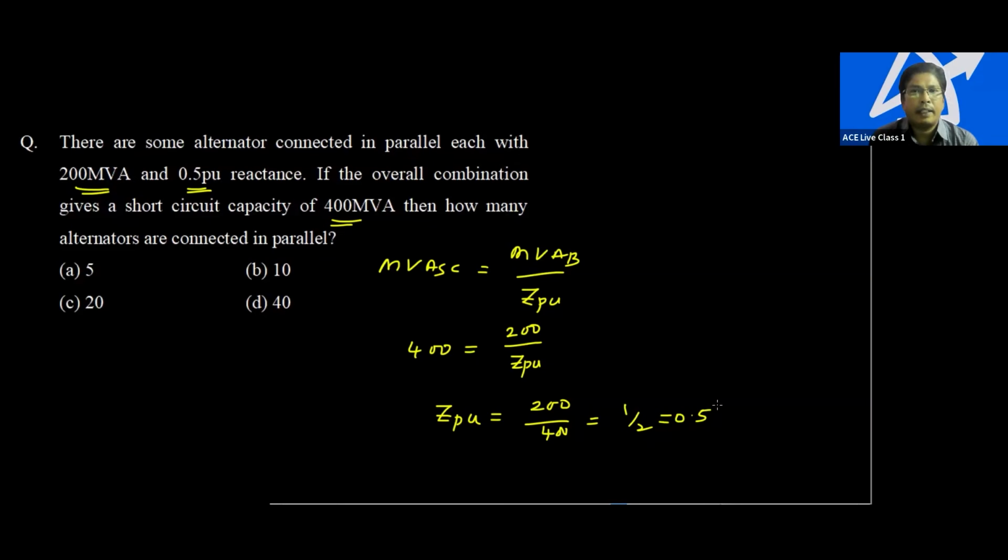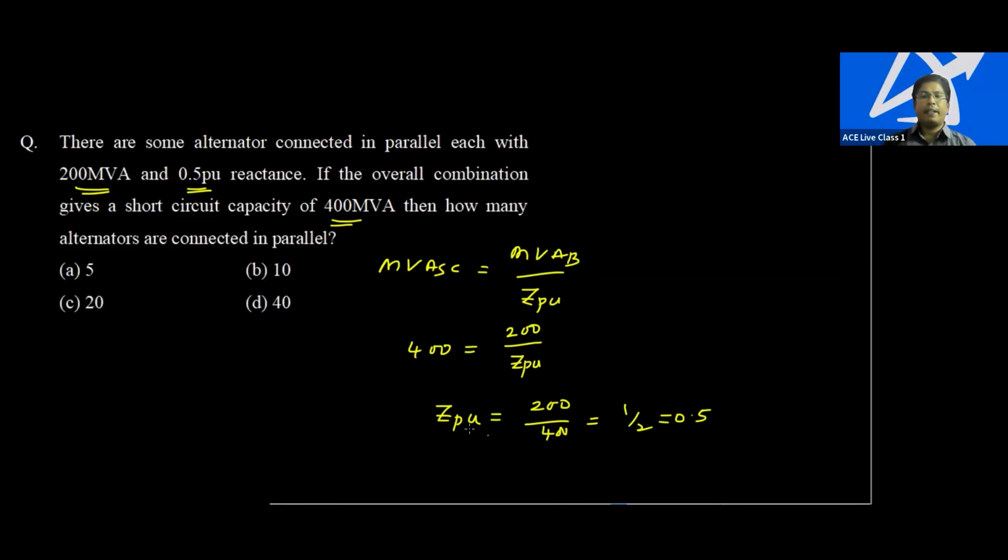There are some alternators connected in parallel. Each alternator is having 200 MVA and 0.5, and the overall combination gives a short circuit capacity of 400 MVA.